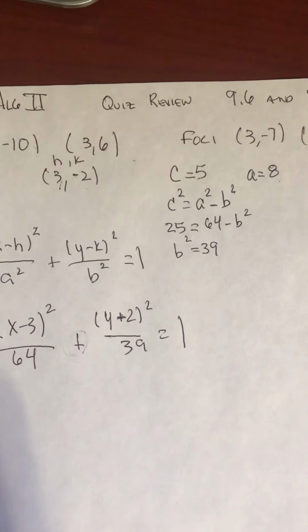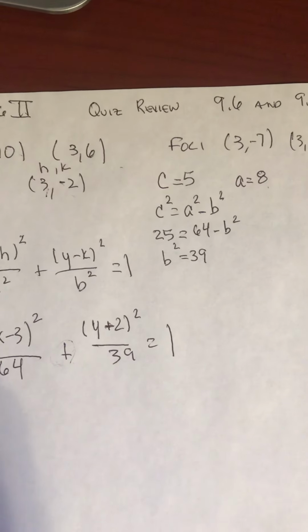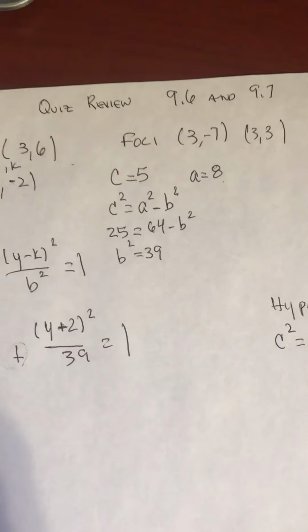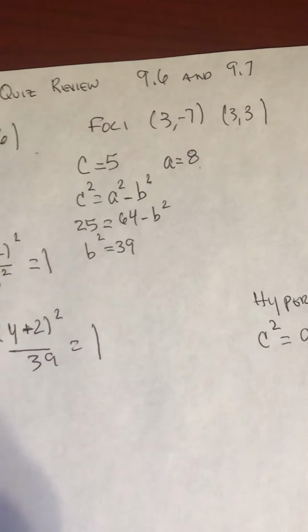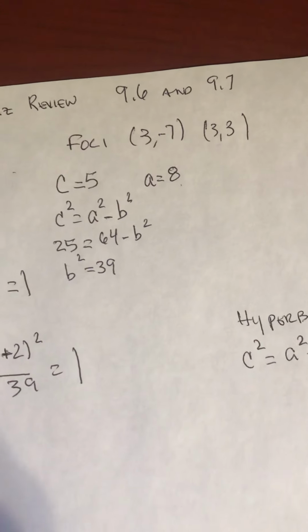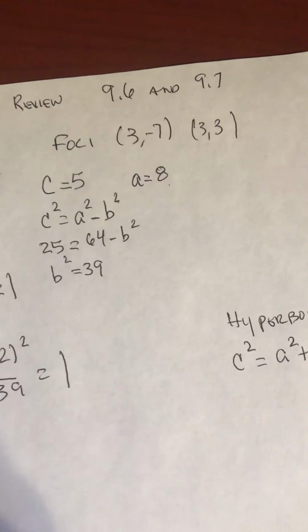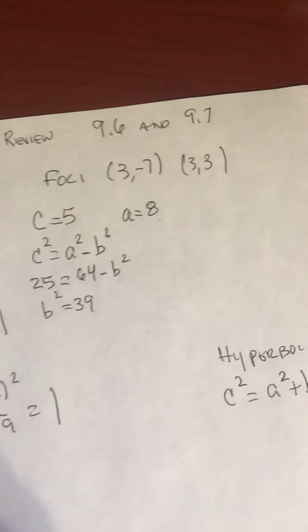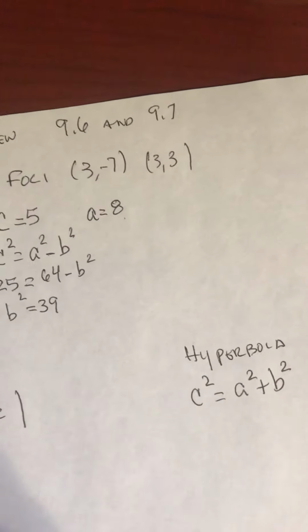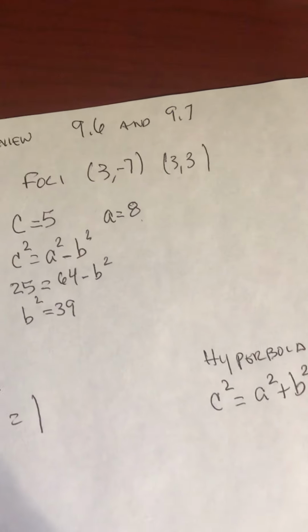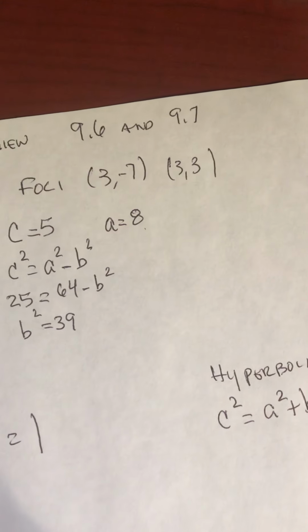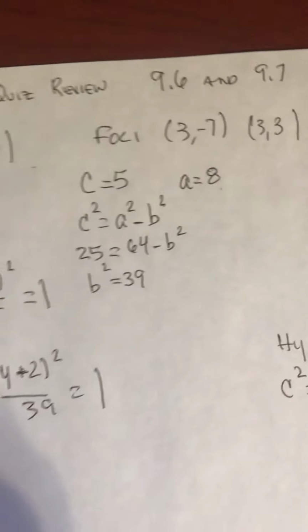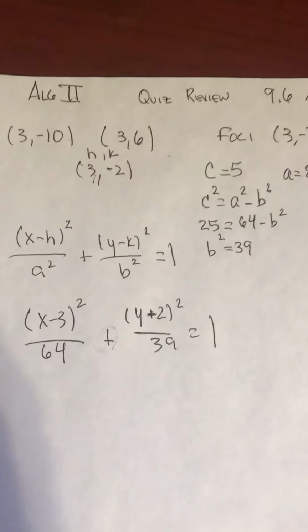Okay. The next type, problems 4, 5, 6, and 7, involve something called the determinant. That idea can be found on page 653.